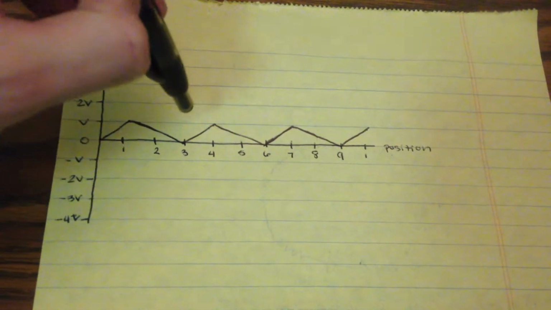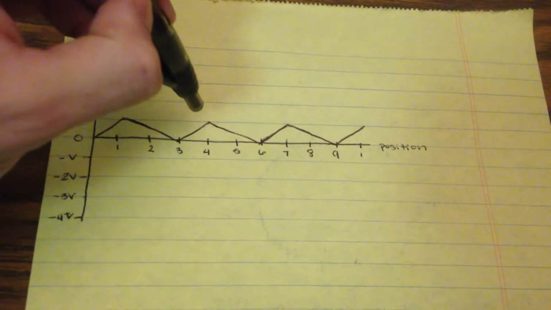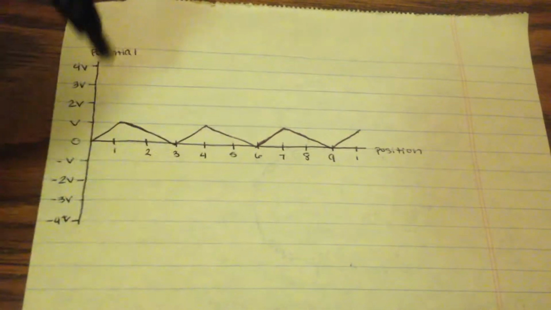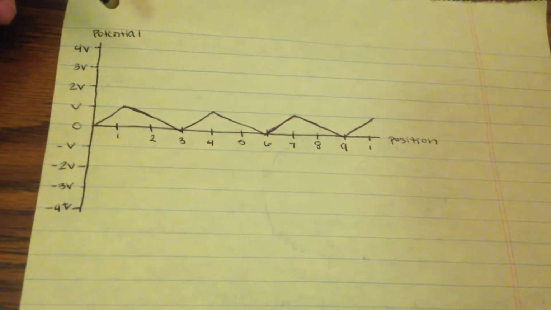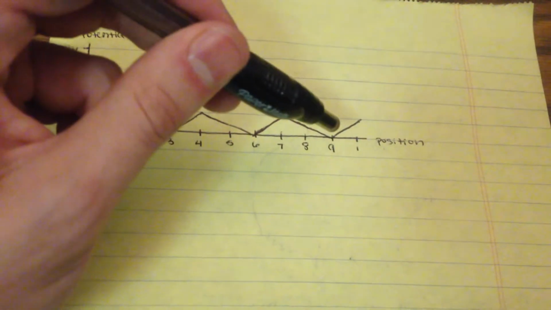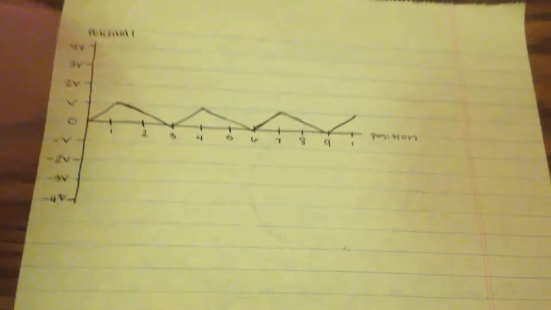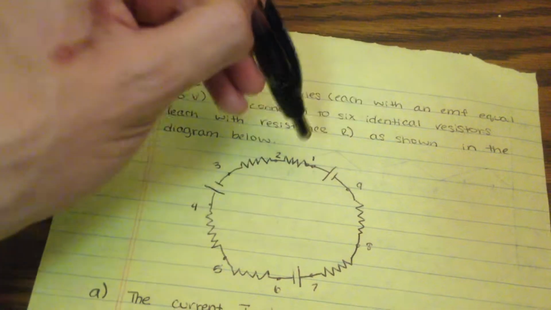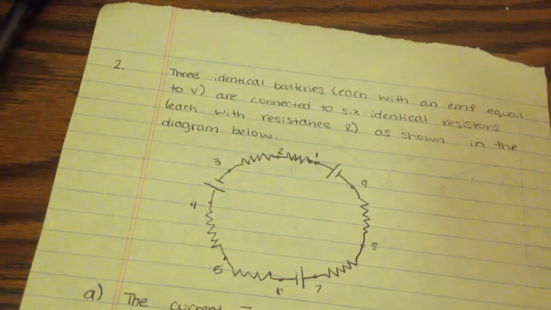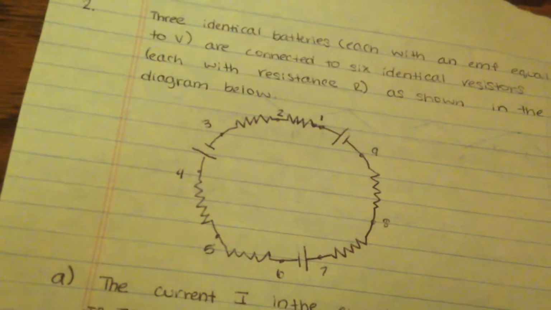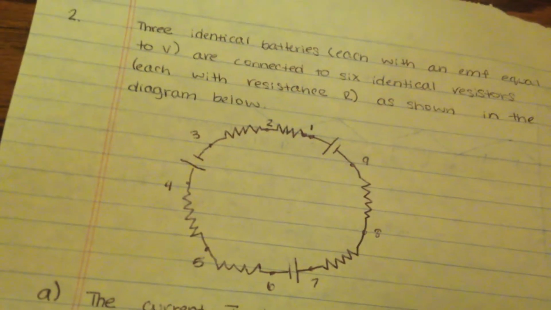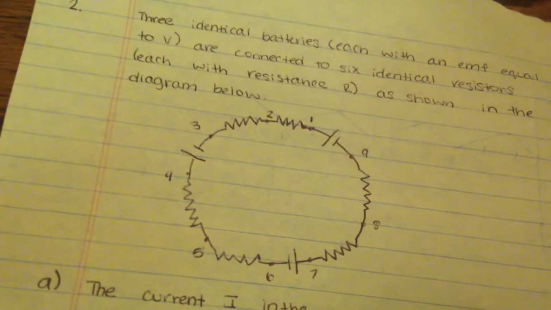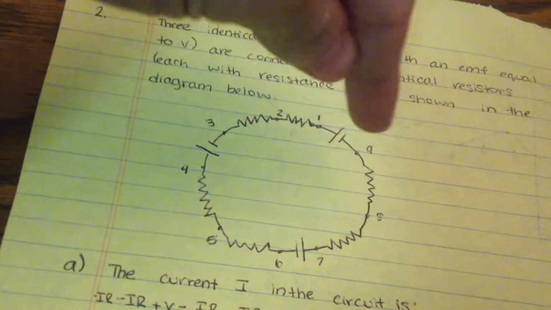So every 3 places, you're going to start from 0, you're going to go up 1. But the more spaces you go, 3 spaces over, you're always going to end back up at 0. And when you're at your last one, at position 9, and you go to position 1, you're going to end up at positive E. There is really no 0 node, but for the sake of continuity, you could say from 9 to 1, at least in the beginning, that could be your 0 term at the beginning.